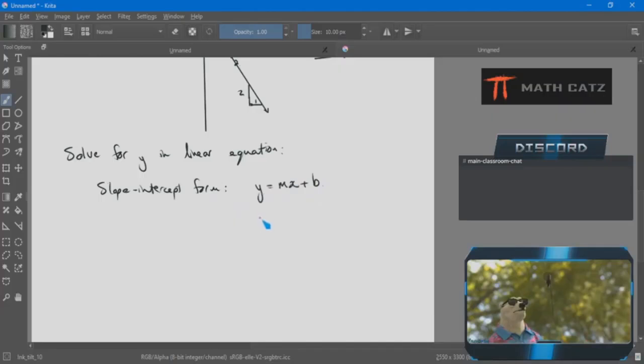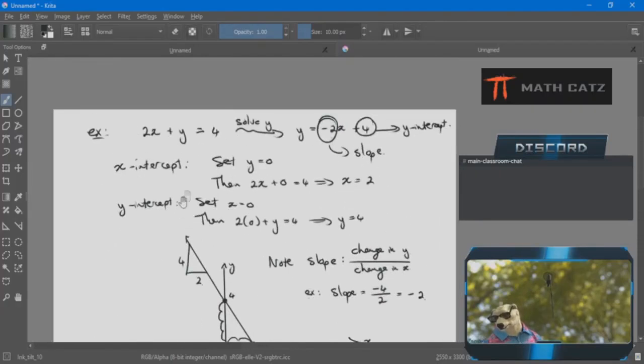An alternative to the general form that in my opinion is a little bit more useful because the numbers that feature in that equation directly correspond to things and properties on the graph, whereas the original general form of the linear equation doesn't show me immediately what those numbers mean. I had to do a little bit to find out what all these numbers are, especially if there's something in front of the y.